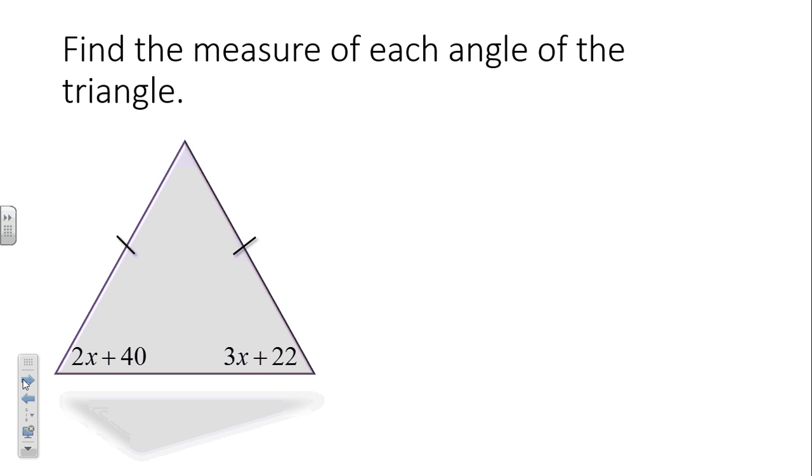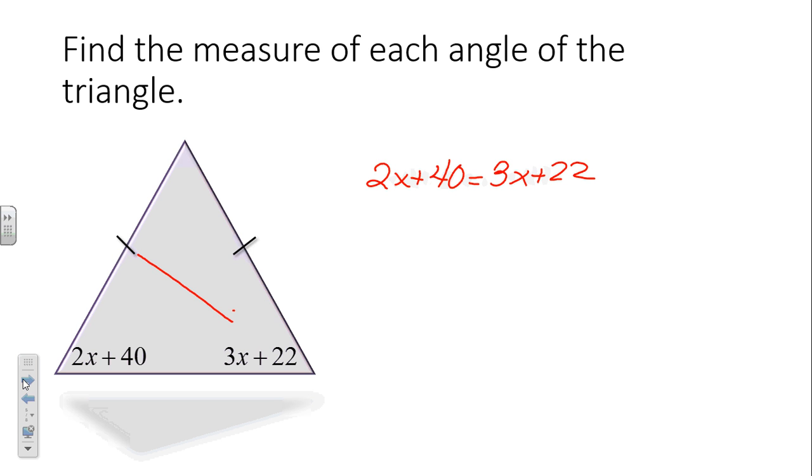So here's a triangle, and I want you to tell me how we're going to figure out what x is. Yes, Maya. I like it. Why? We have two sides that are congruent.